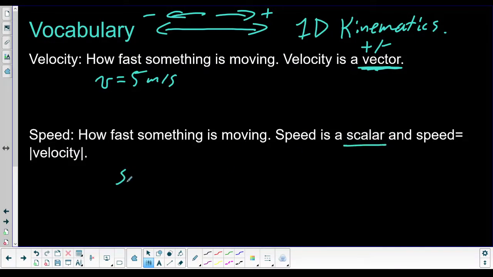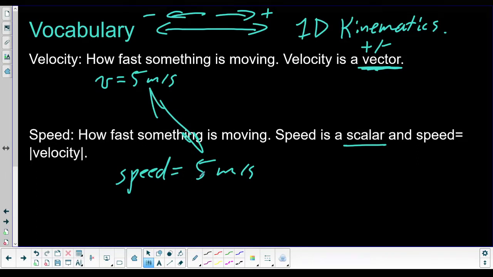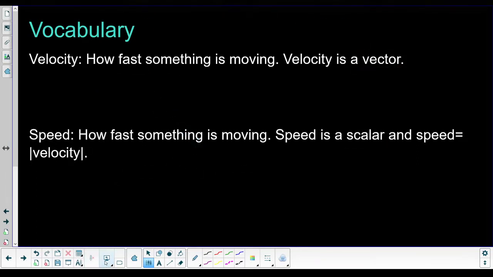If I say speed, I don't actually remember the real variable for speed because no one ever talks about it. We'll say S, even though that's path length, that's distance. Speed equals 5 meters per second. There's no way to tell by looking at these which one's a vector and which one's a scalar. So it becomes based on context.